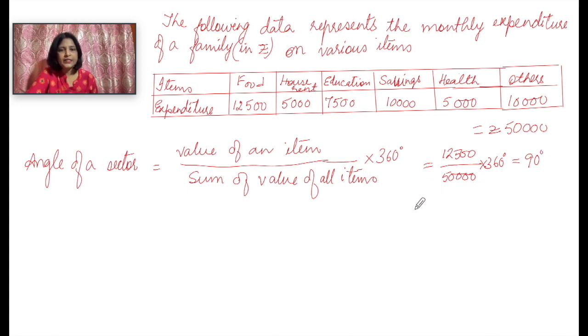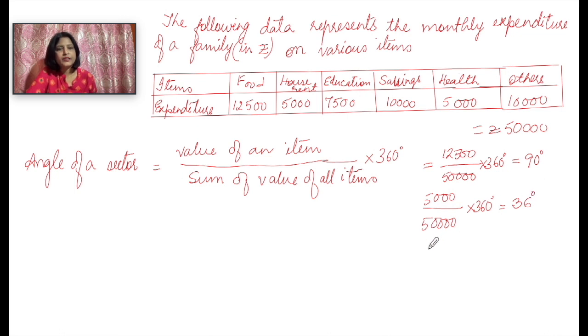For the second item, 5,000 by 50,000 into 360 degree, this will turn out to 36 degree.